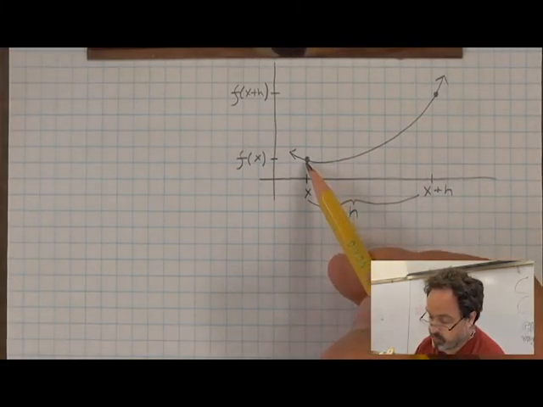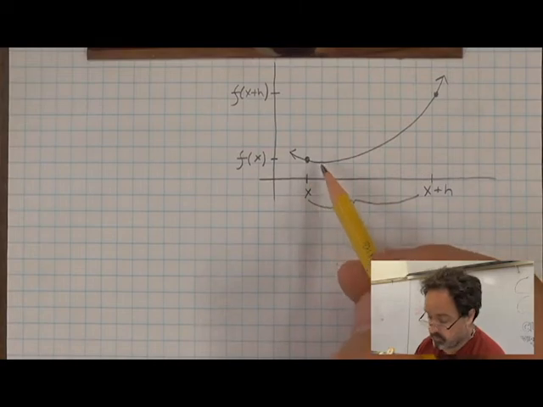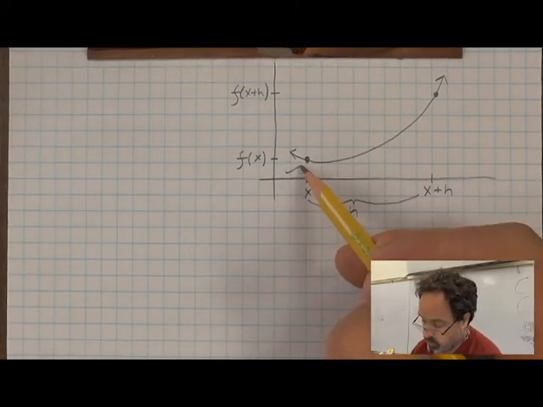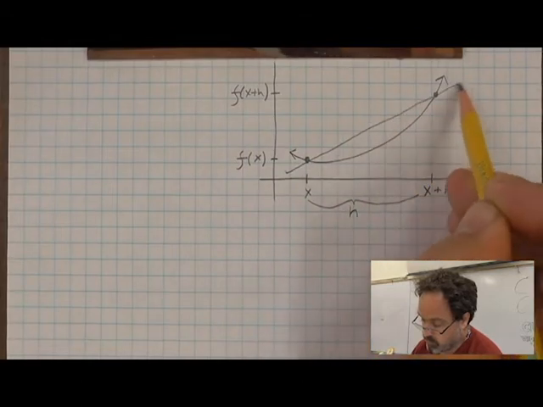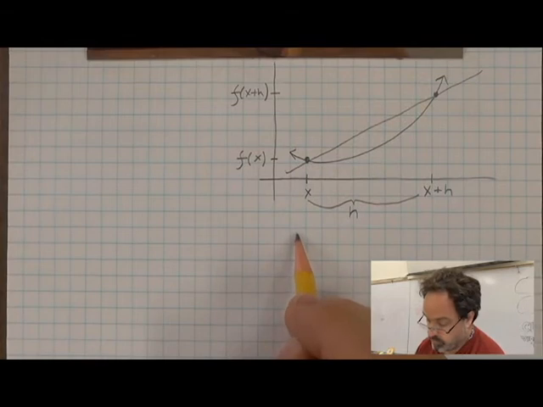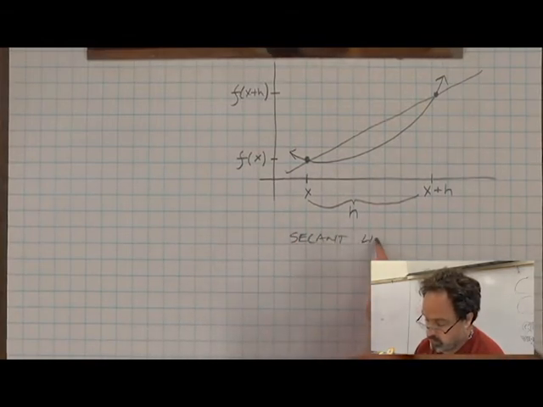The average rate of change then between these 2 points, we've talked about in the past, is the slope of the secant line that joins those 2 points together. And we want to remind ourselves that what we mean by a secant line is one that intersects at 2 points.